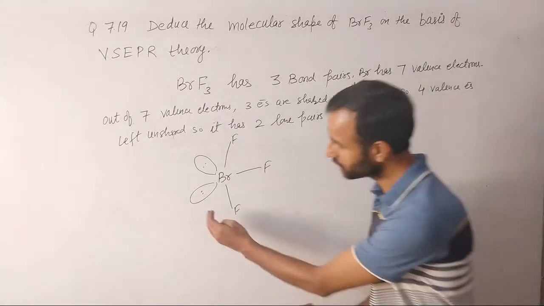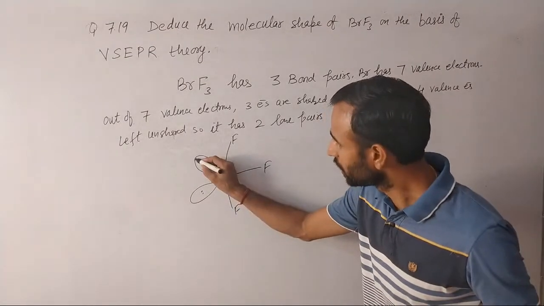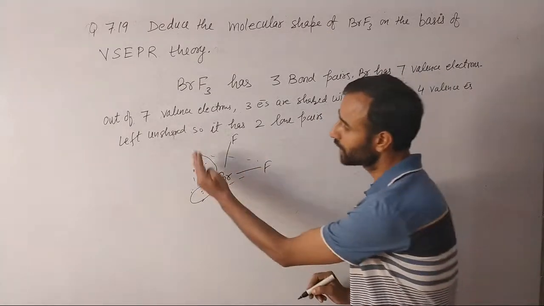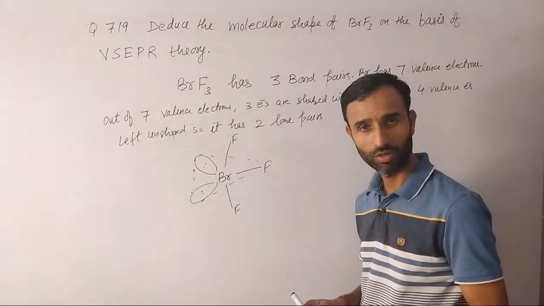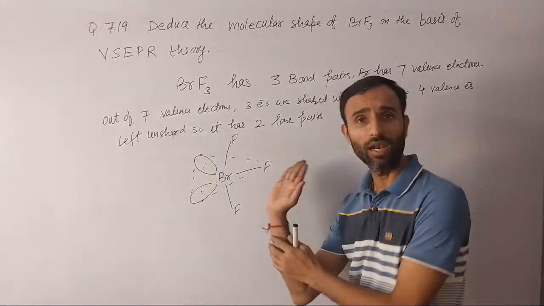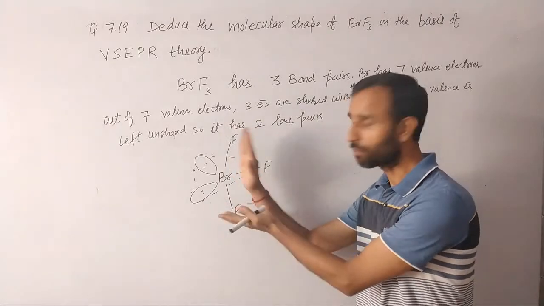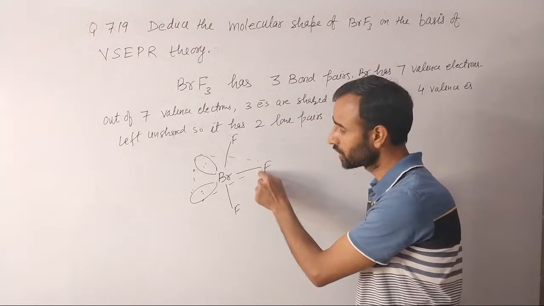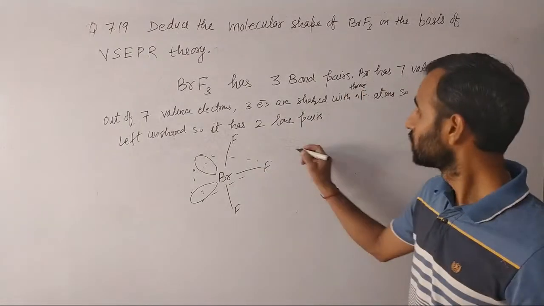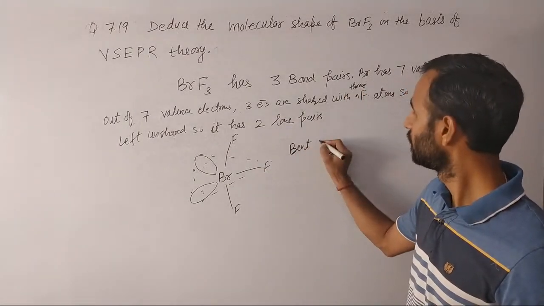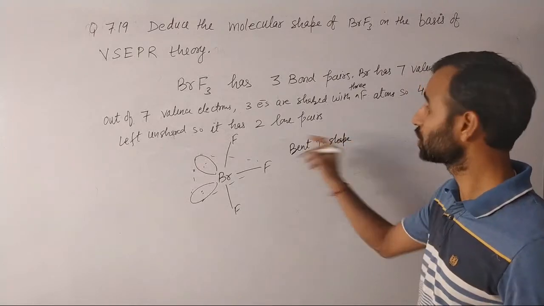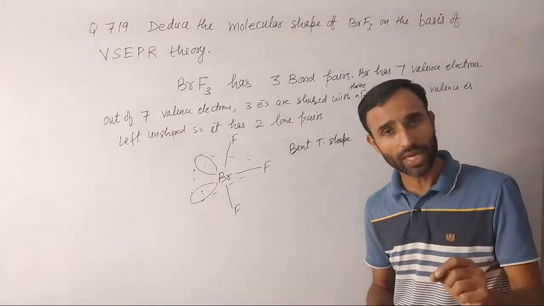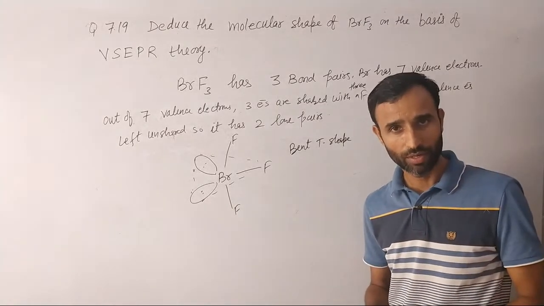Now they are slightly bent because these 2 lone pairs repel the bond pairs. Because of that repulsion, these bond pairs are pushed slightly, and that's why the shape is bent T shape. The arrangement is trigonal bipyramidal, right?